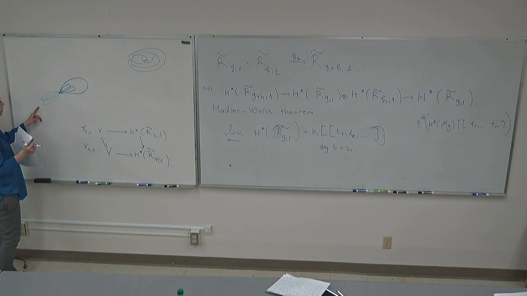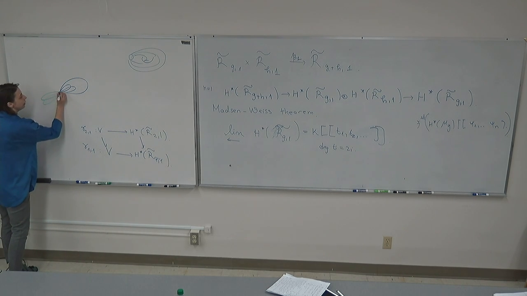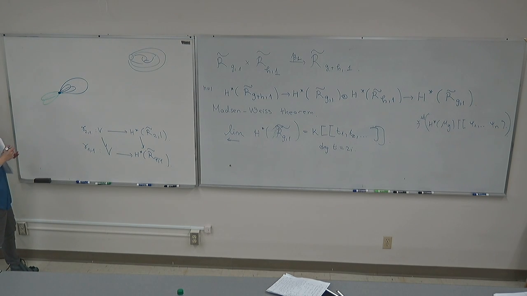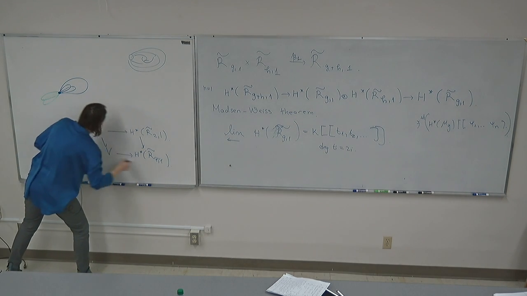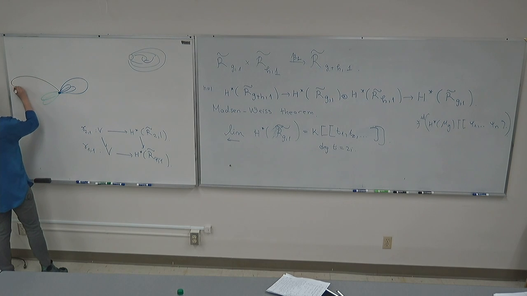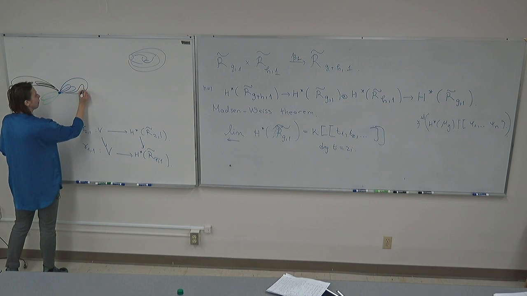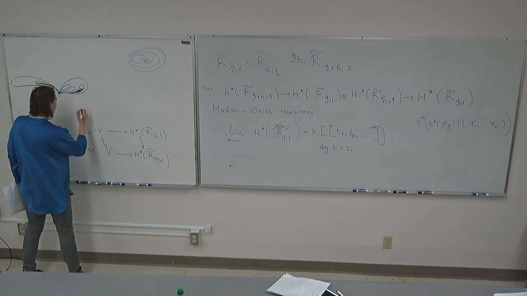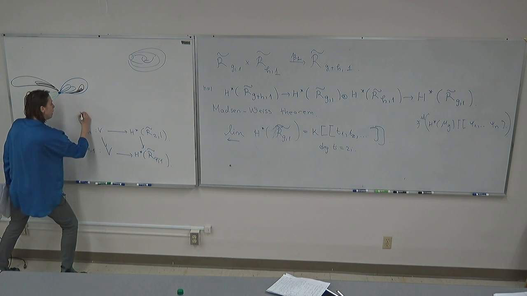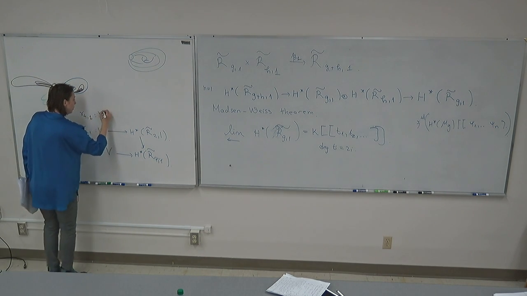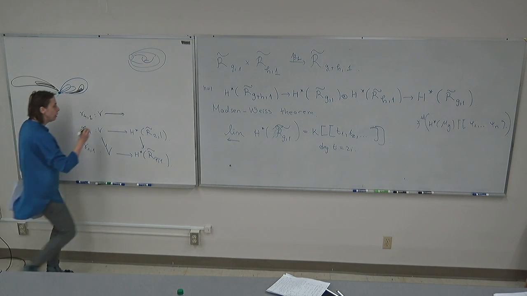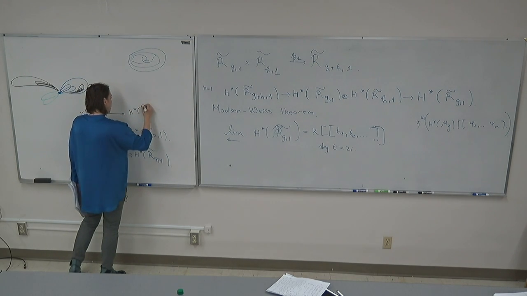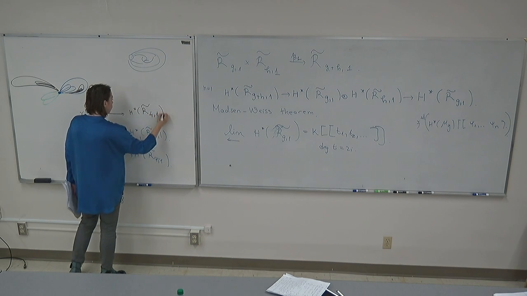So this is now a cell graph of genus 2 and one more point, but it has two faces. So now on each of the faces, I'm going to introduce the same picture. So this will be now a cell graph gamma 4, 1, and it will give me a map from V to the cohomology of R tilde 4, 1.